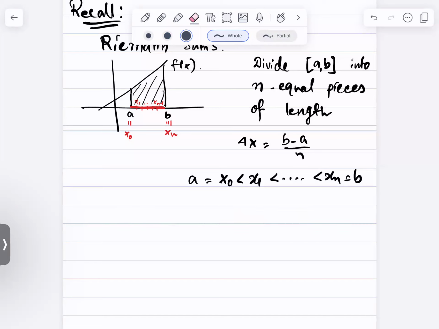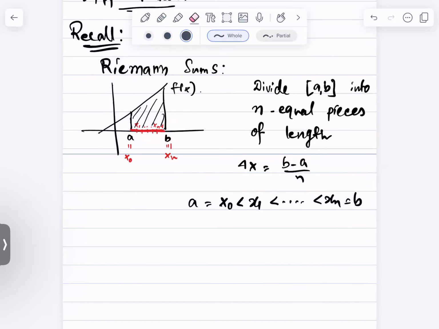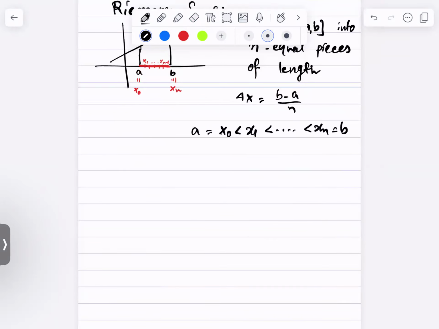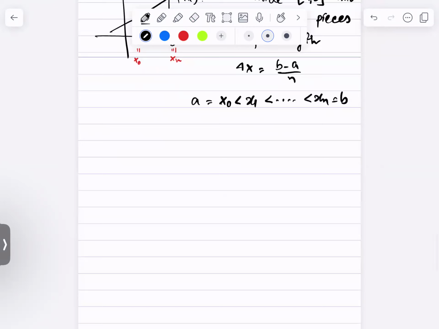That's a different topic altogether, to justify how the Riemann sum indicates the integration. But rather what I want to do is to define what the right endpoint approximation is. So say R_n is the notation for right endpoint approximation.